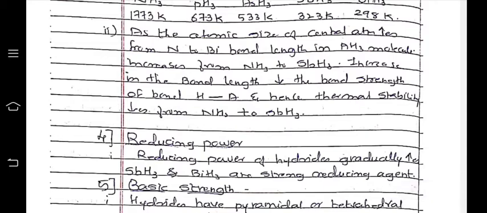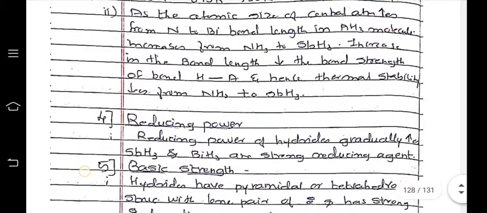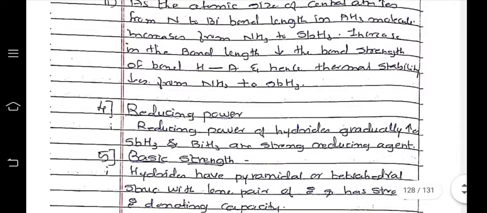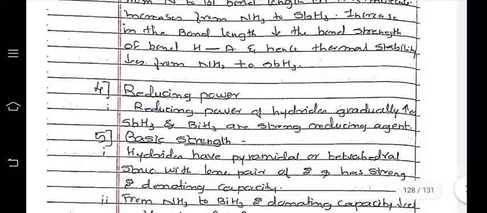As the atomic size of the central atom increases from nitrogen to bismuth, the bond length in the AH3 molecule increases from NH3 to SbH3. Increasing the bond length decreases the bond strength of the A-H bond, and hence thermal stability decreases from NH3 to SbH3.